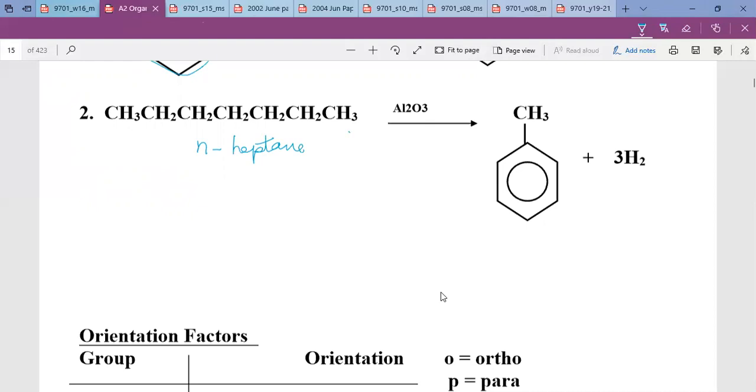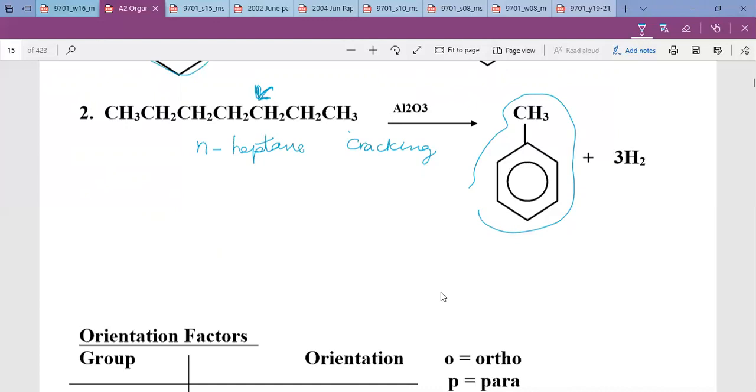This is present in petrol. This is a very lousy petrol, you've done it before in AS. It has a zero octane number. It's one of the worst petrol because it burns very fast and causes knocking.